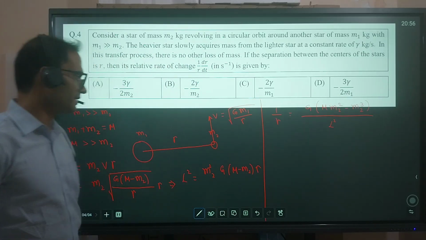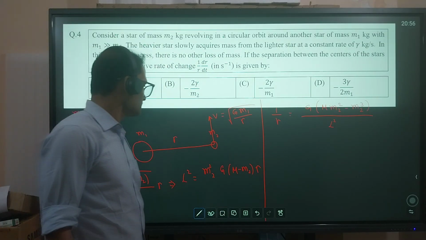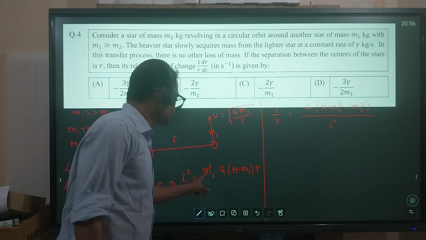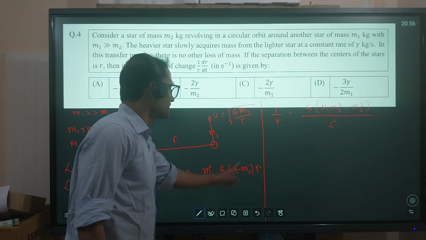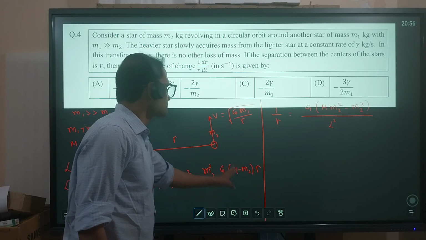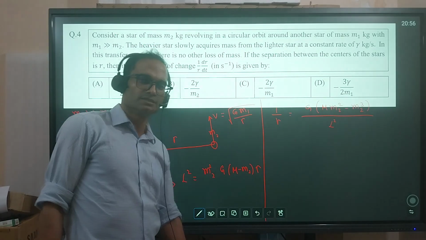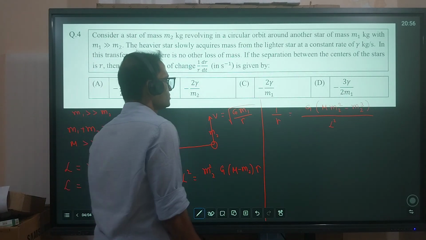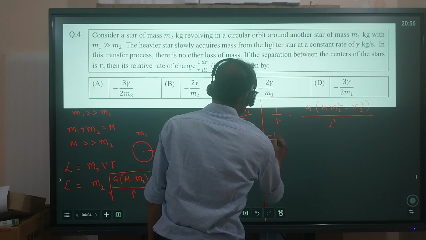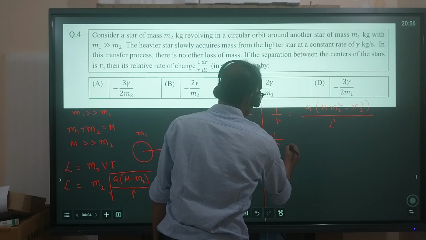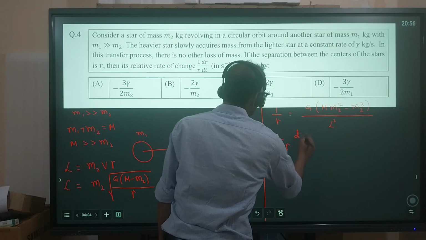I multiplied this here because obviously we have to do the differentiation. So what I will do, minus 1 by r into r dr by dt.